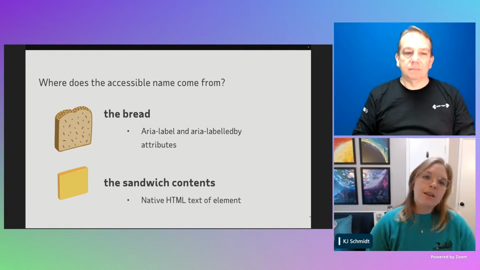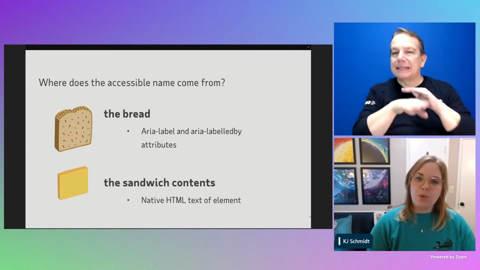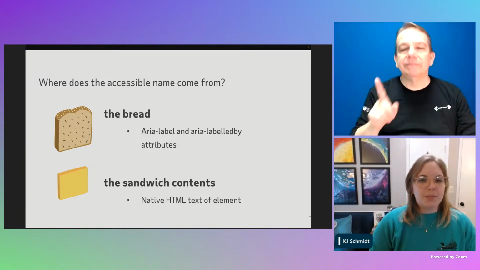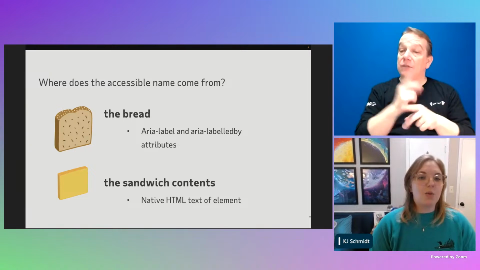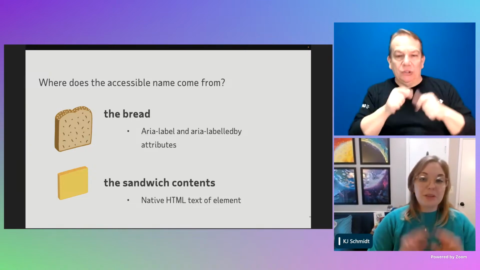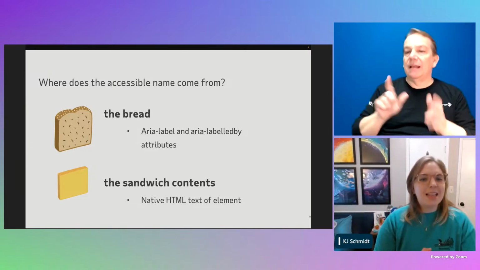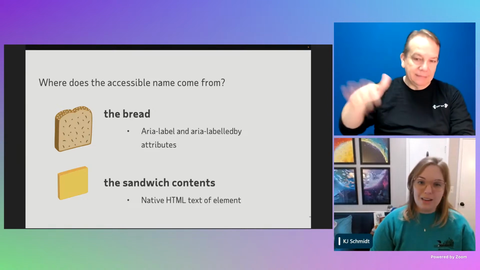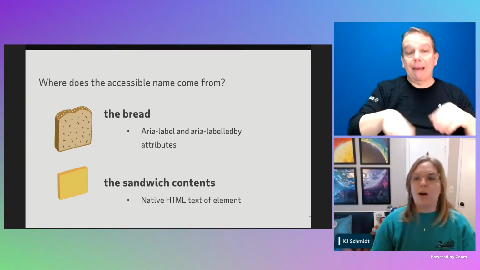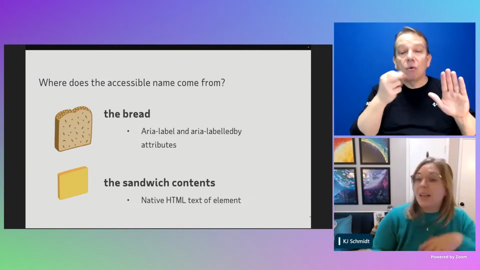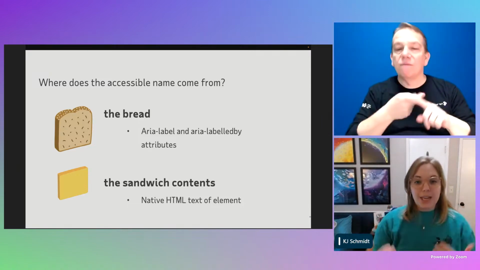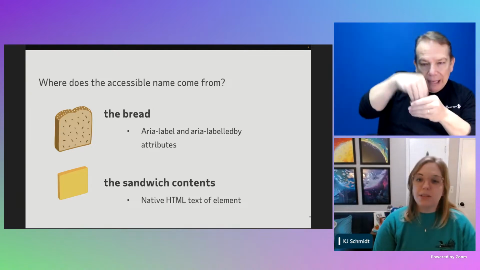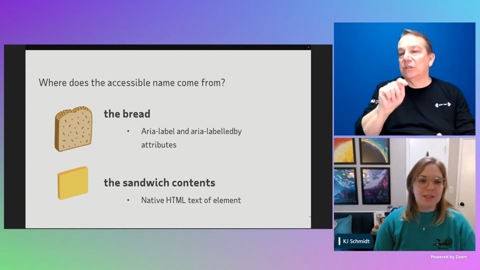So how does something get its accessible name? Where does it come from? There are multiple ways to provide an accessible name, and as a UXer, you don't need to be an expert on when to use which method. You can leave that up to your developers. The name either comes from the bread, by adding ARIA label or ARIA labeled by attributes to make it into some fancy bread, or the name can come from the sandwich contents, using whatever built-in HTML text is in that element.